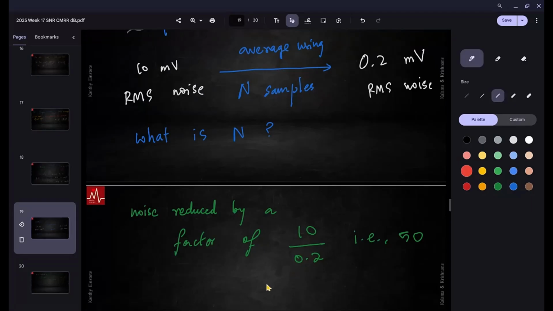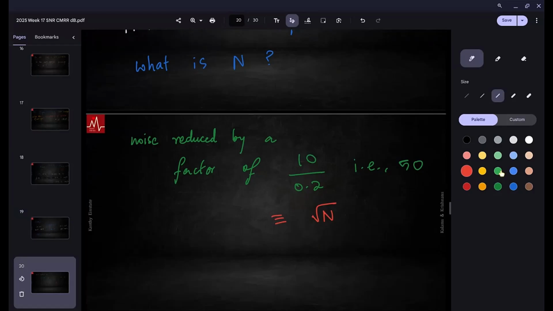By definition, this corresponds to root n. This reduced by a factor of 50, so this is 1 by 50, and that corresponds to 1 by root n.